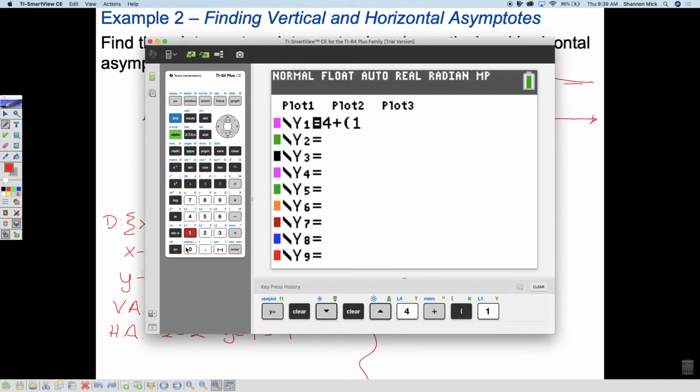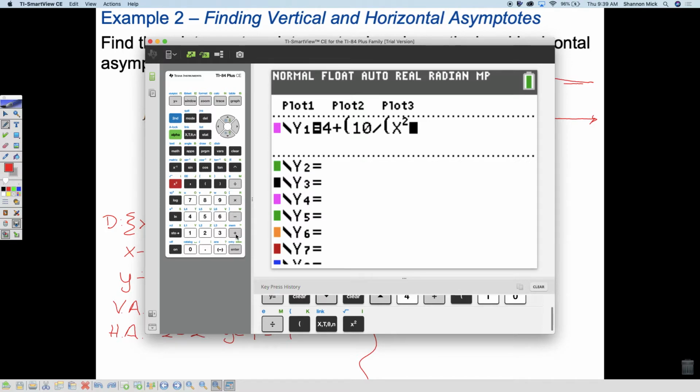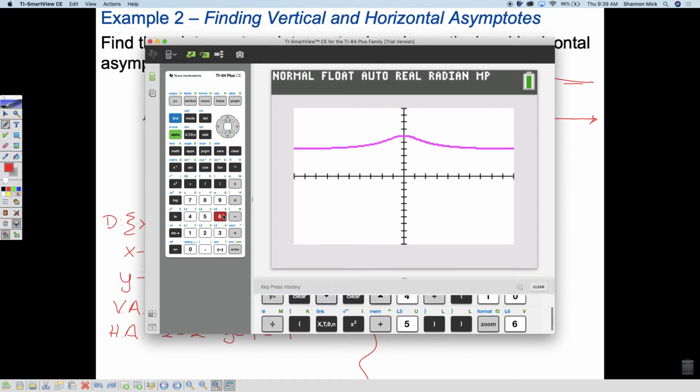So 10 divided by, and I have to put parentheses around my denominator, x squared plus 5. Okay, and then I'm going to hit zoom 6. Because if we're right, we still should be able to see it. Did we graph it right? Yeah.